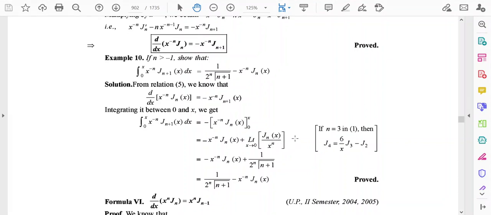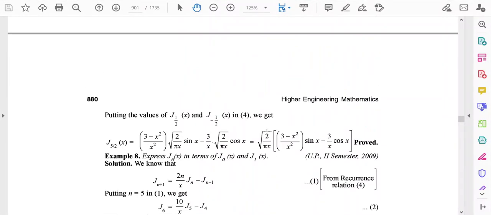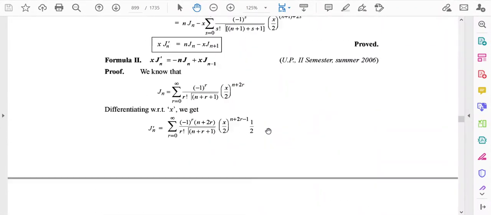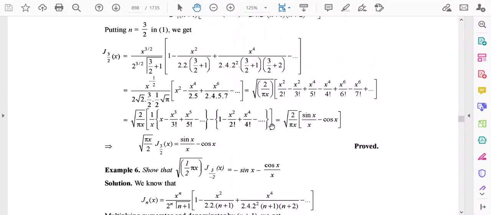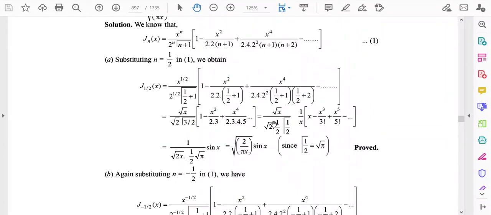Now we have already evaluated the value of Jn(x) divided by x to the power n in some early examples. I request you to check that example, although I have discussed that example in the first lecture. I am just showing you how to calculate that term.